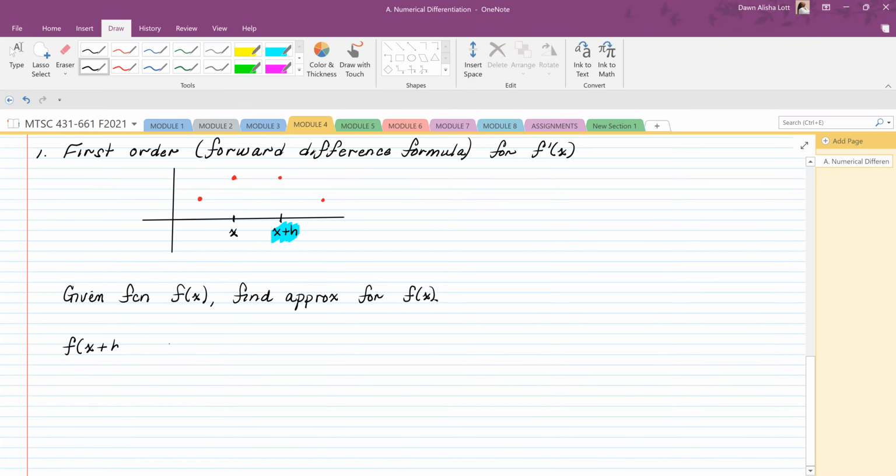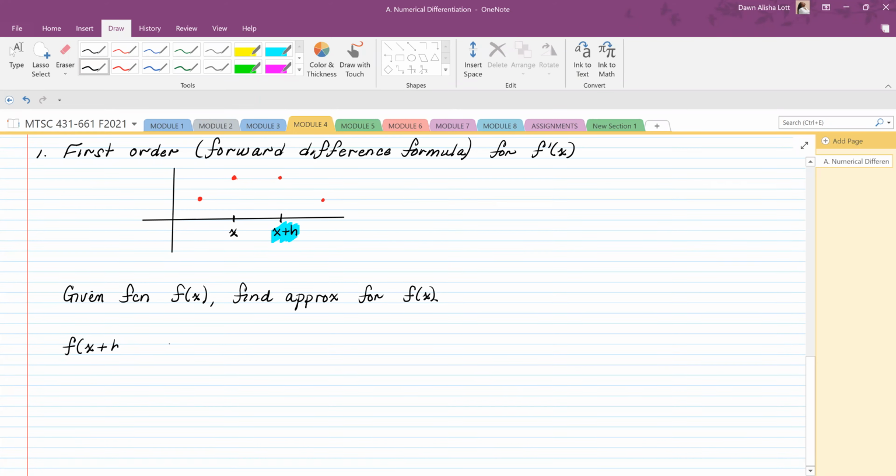So f prime of 1.8. Well, the derivative is just 1 over x. So this is 1 over 1.8. And this comes out to be 0.55556. Obviously, it keeps going.